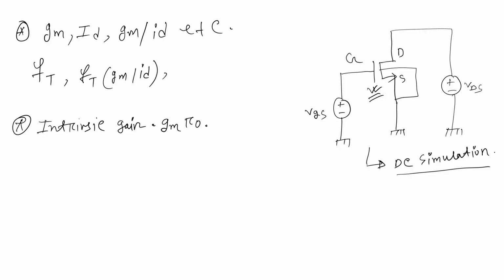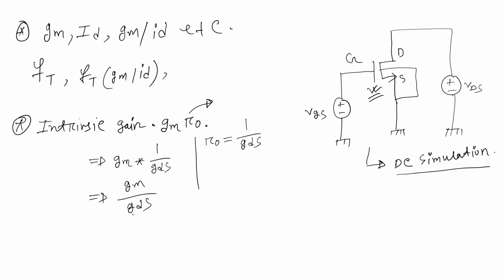The Cadence simulation tool doesn't know RO, but you can write that RO is basically 1 by GDS. If you put the value here, you get GM times 1 by GDS, so finally it will be GM over GDS. So the important parameter is the intrinsic gain, which is GM over GDS.